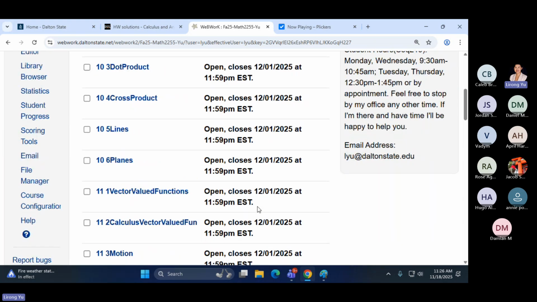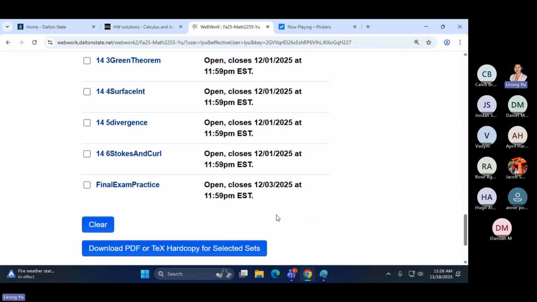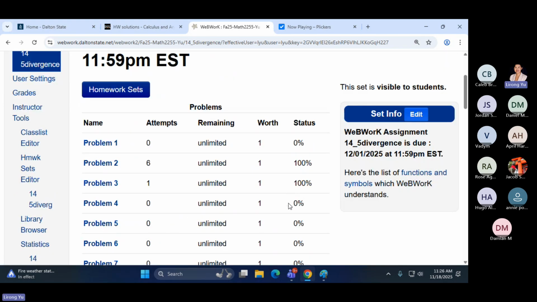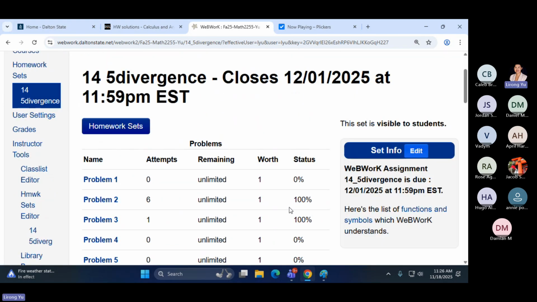Moving back, let's look at a couple of questions for 14.5, the divergence and the divergence theorem. The divergence of a vector field is a number that identifies the tendency of the vector field to go out.